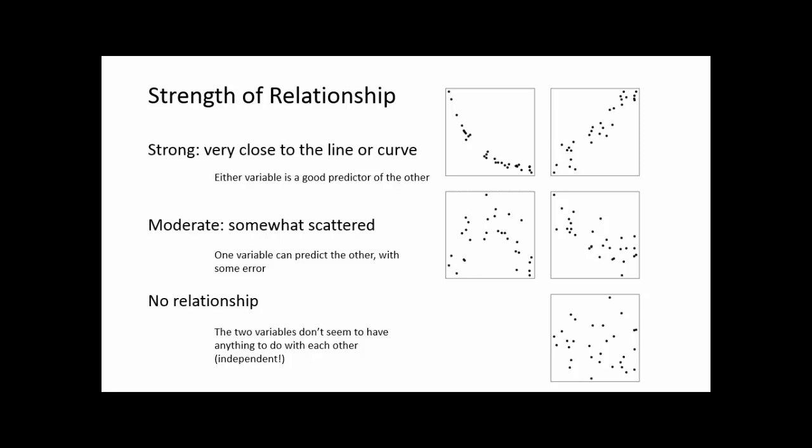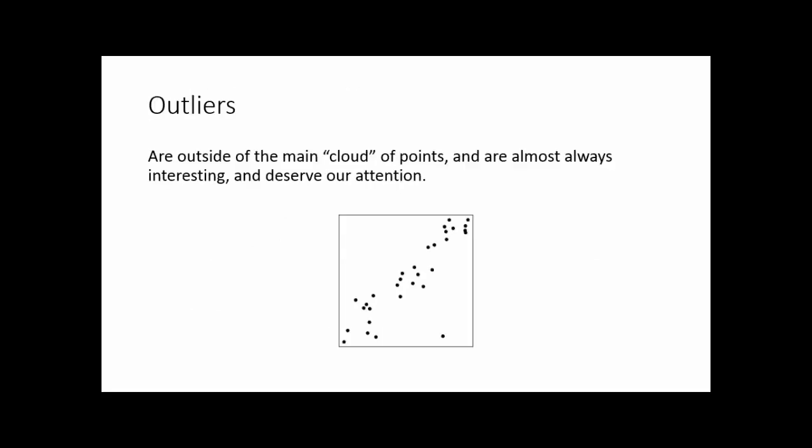As I mentioned before, another important thing to report about a scatter plot is anything that looks like it lies outside the general pattern being followed by the rest of the points, which is what we call an outlier. These outliers are almost always something interesting to look at, and they need to be examined.